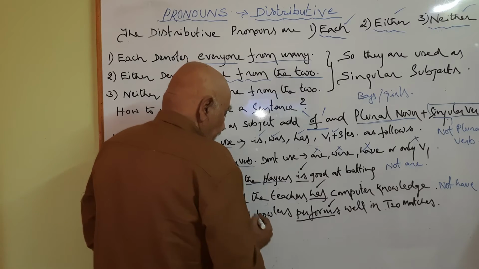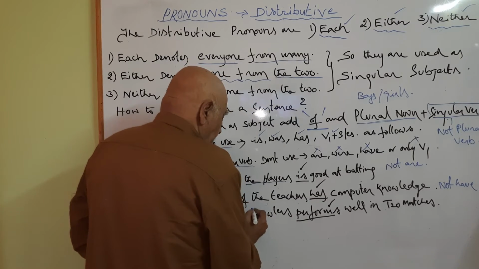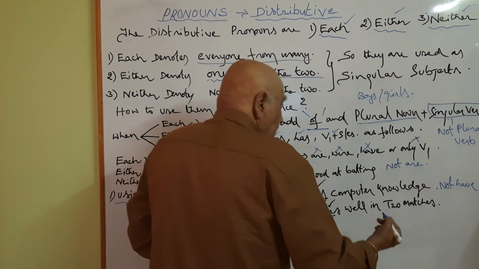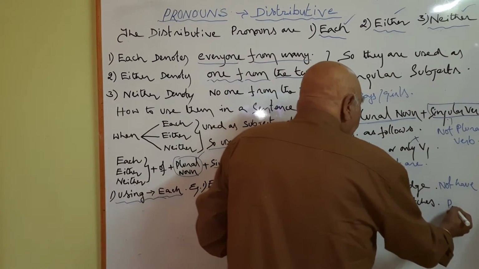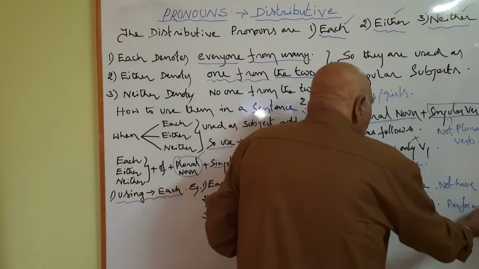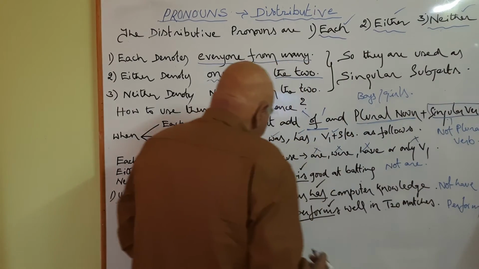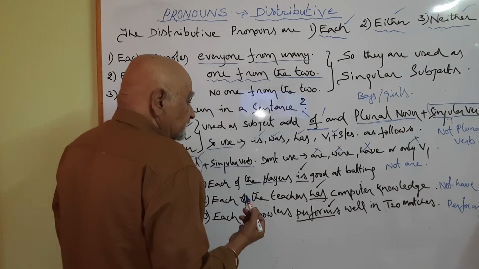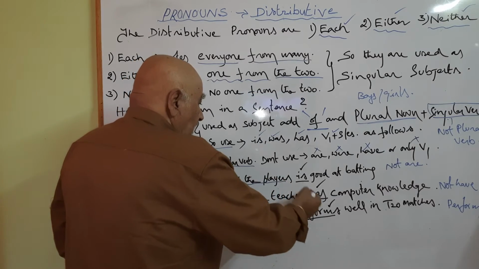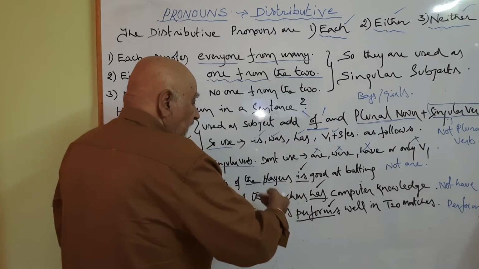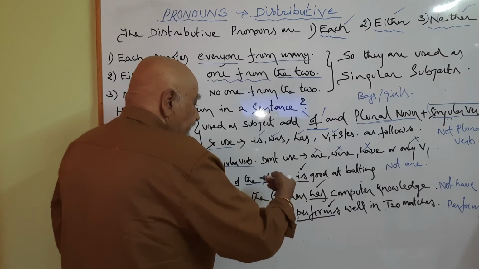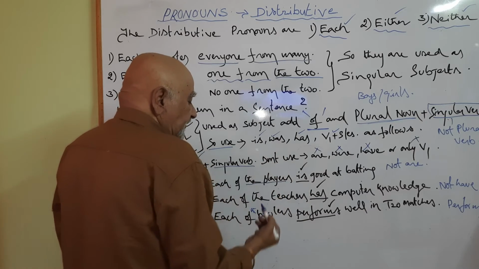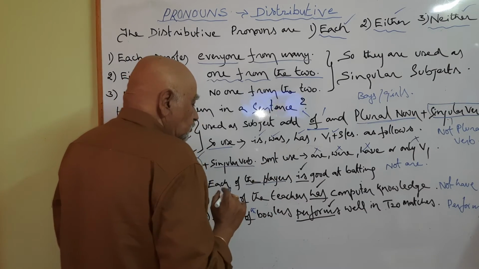Each of the bowlers performs right. Don't use perform. Add S. You see, observe, when we use each as the subject and the plural noun, here plural noun refers to 3, 5, 10, 100, 1000 like that, but not two.